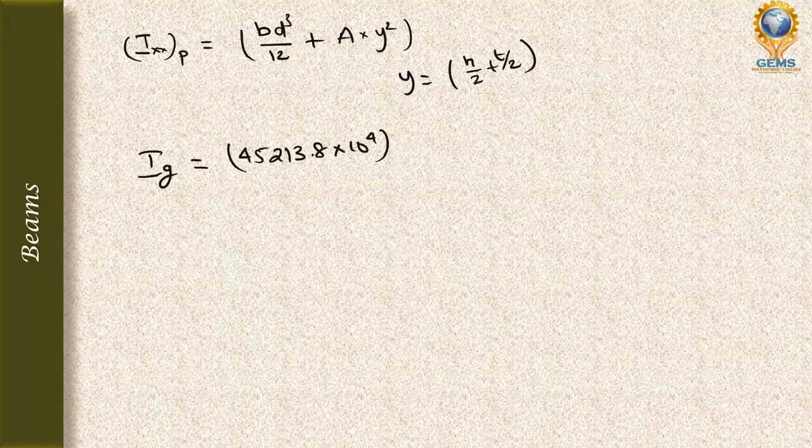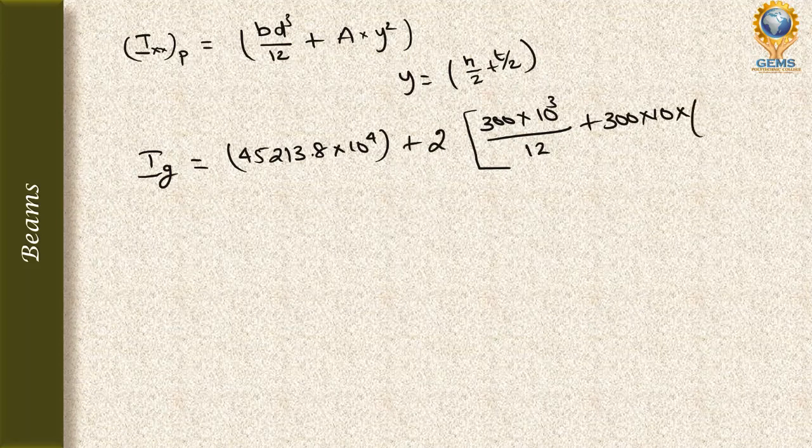This is the moment of inertia of the I section, plus 2 times, where the B value is 300, d is 10 cubed, divided by 12, plus area 300 into 10, into y, which is 500 by 2 plus 10 by 2, squared. So the answer will be 842.33 into 10 to the power 6 mm to the power 4. This is the gross moment of inertia.